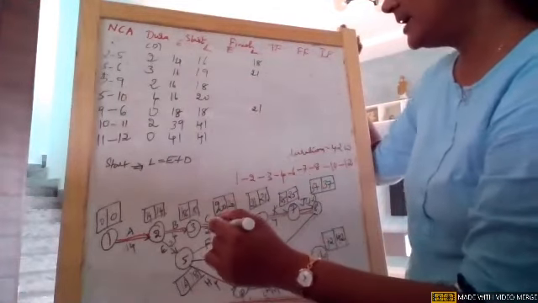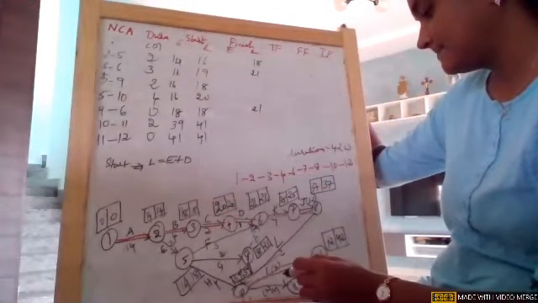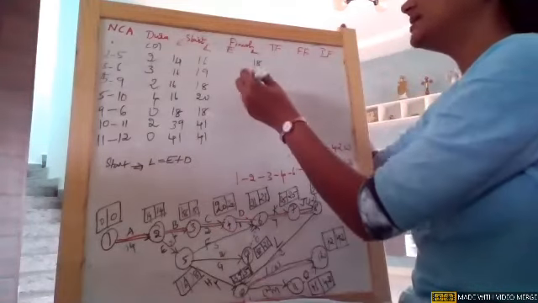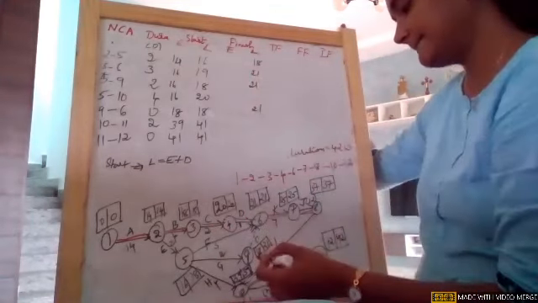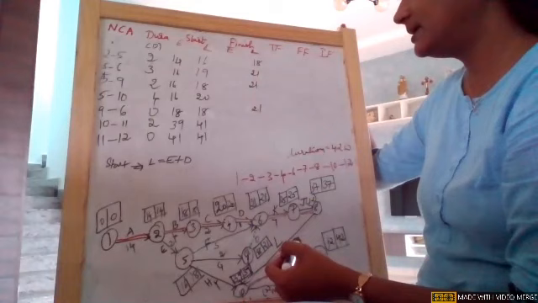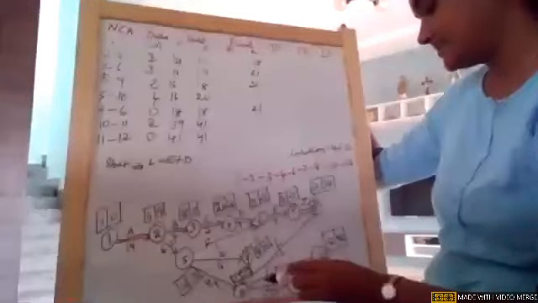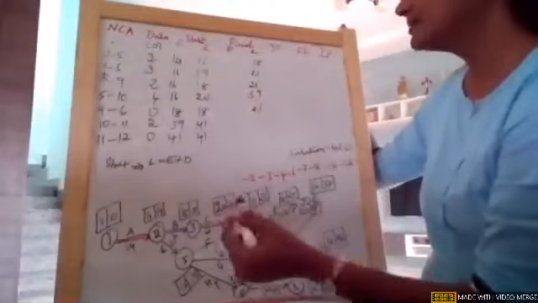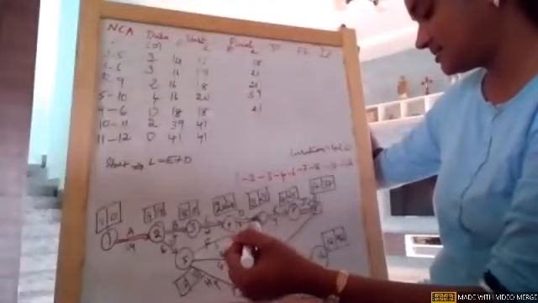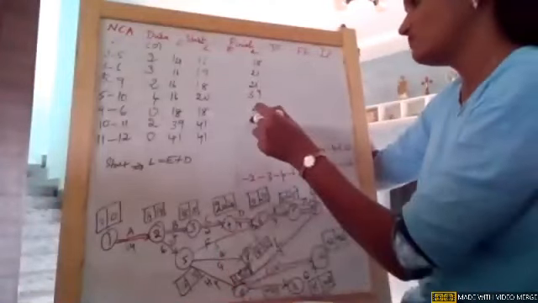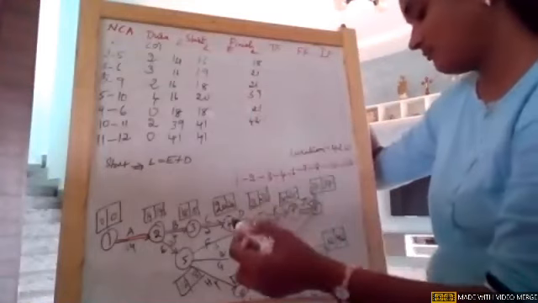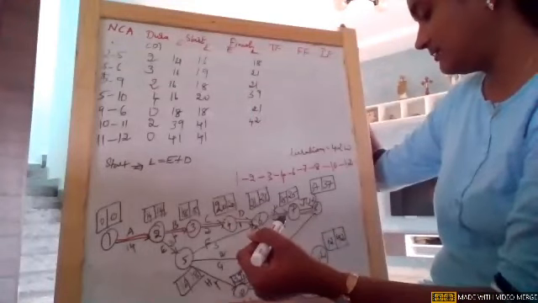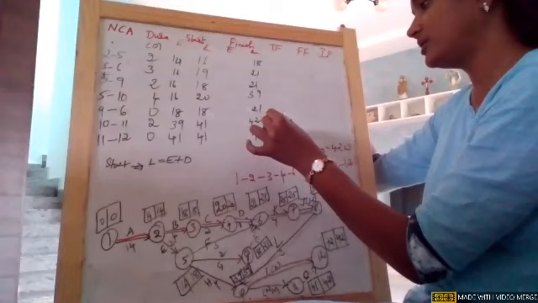On 9 the latest time is 21. On 10 the latest time is 39. On 11 the latest time is 42. On 12 the latest time is also 42.